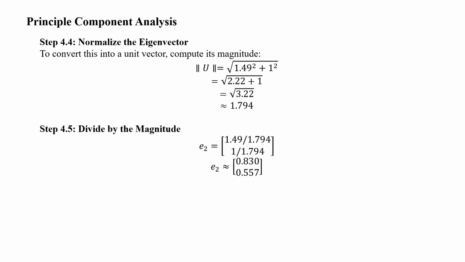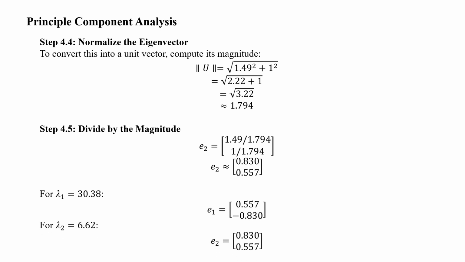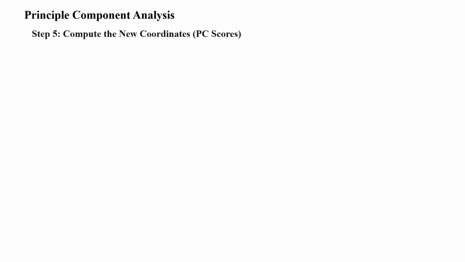Final normalized eigenvectors are: for lambda 1 equals 30.38, E1 equals (0.557, -0.830). For lambda 2 equals 6.62, E2 equals (0.830, 0.557). Step 5. Compute the new coordinates, also called principal component scores.